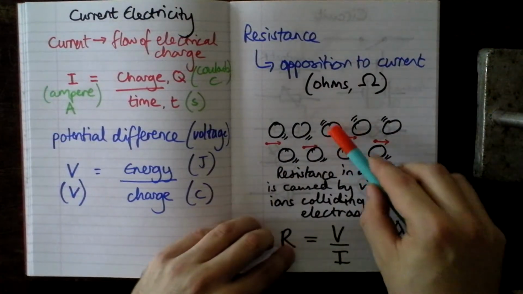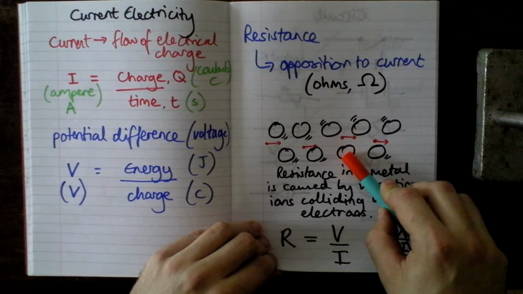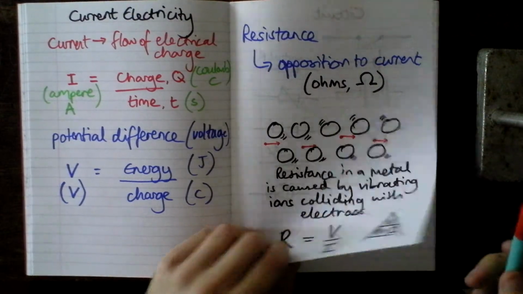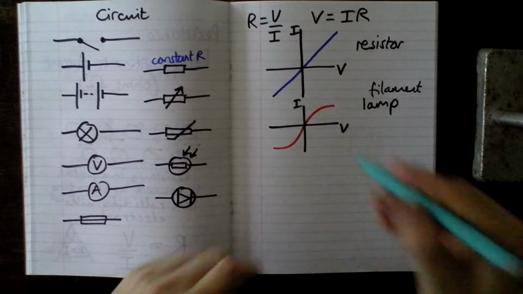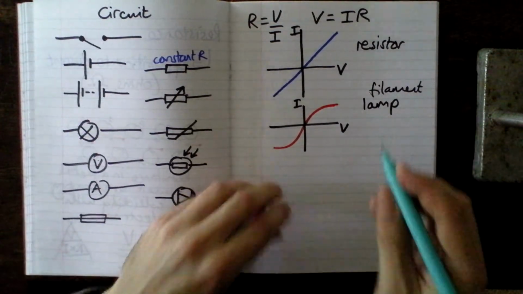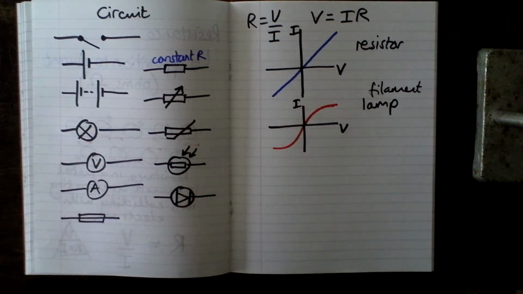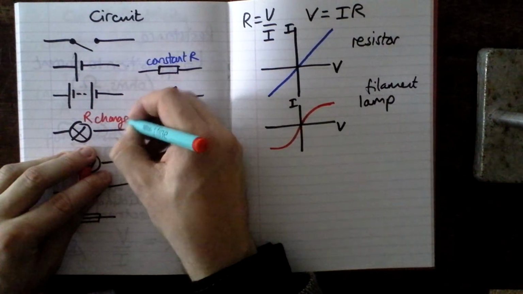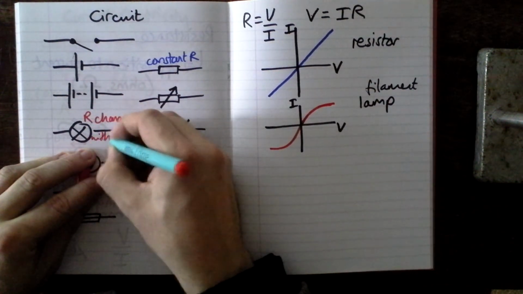Now, when these vibrating metal ions get warmer, they move more, and that means they're more likely to bump into electrons. That means the resistance goes up. So you can see here, this area of the graph has a relatively low resistance, this area has a far higher resistance. So that's our filament lamp, and its resistance changes with temperature.